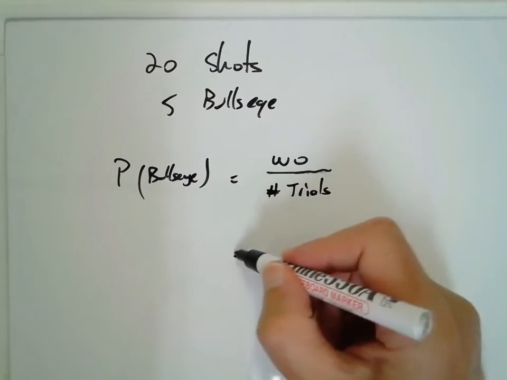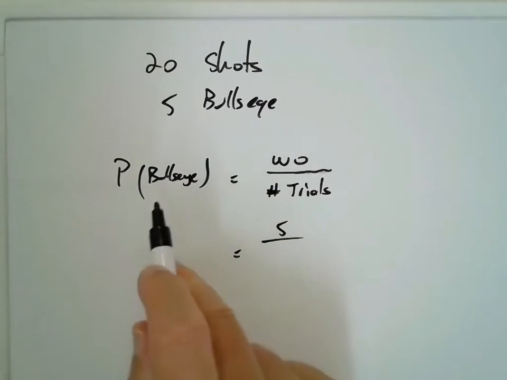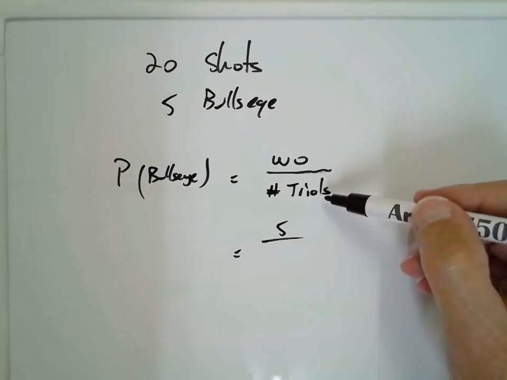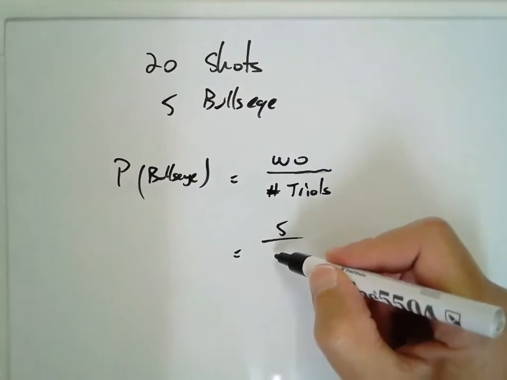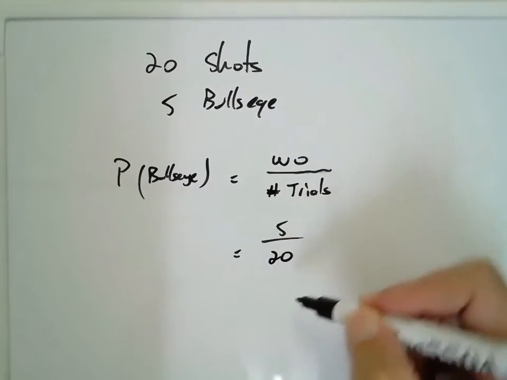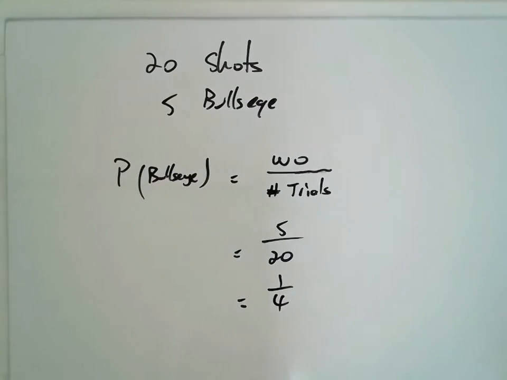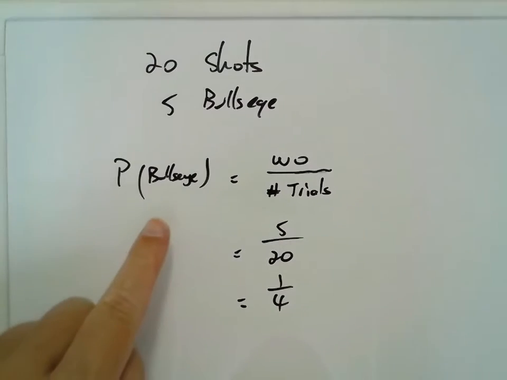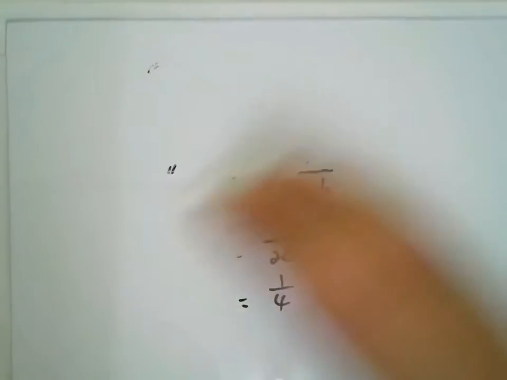Trials is probably a bit easier. So here I've got 5 bullseyes, which is what I want. And my number of trials is I've had 20 goes at it. I've had 20 experiments or 20 trials. So it's 5 over 20. And clearly we want to simplify that to 1 out of 4. So we're going to apply that relative frequency formula, the probability formula.